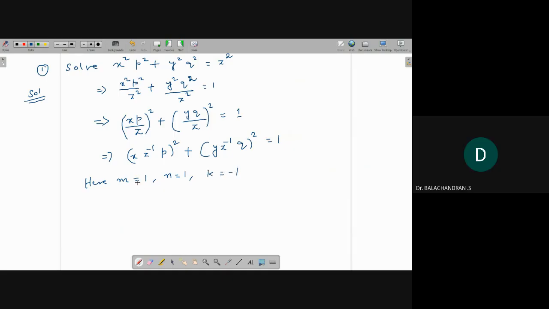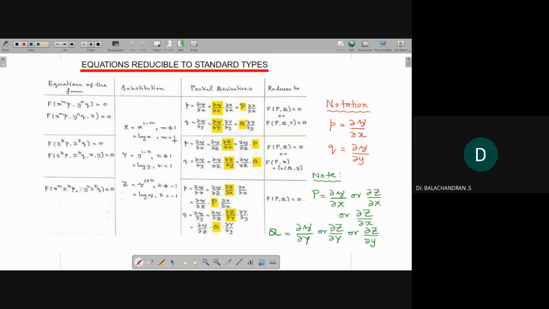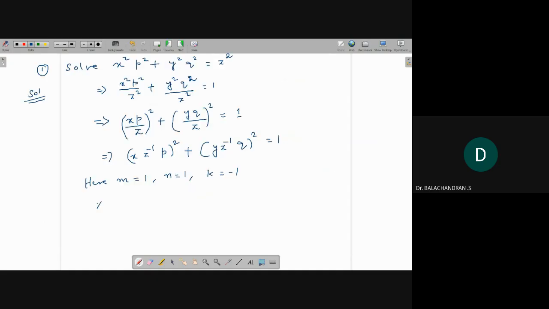Now when m is equal to 1, capital X is equal to log x. Capital Y is equal to log y when n equal to 1.